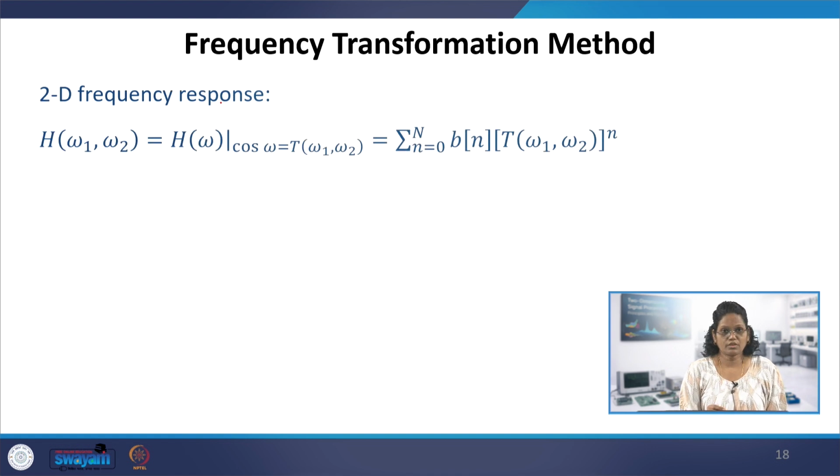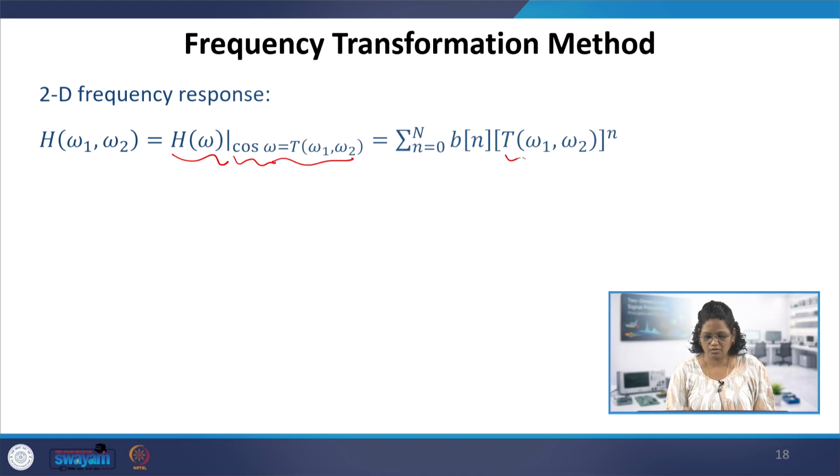For the 2D frequency response, we take H of omega, which we obtained in the previous step, where omega equals g of omega 1, omega 2. The transformation function used is cos omega equals T of omega 1, omega 2, where T is again a function. So cos omega power n is replaced, cos omega is replaced with T of omega 1, omega 2.